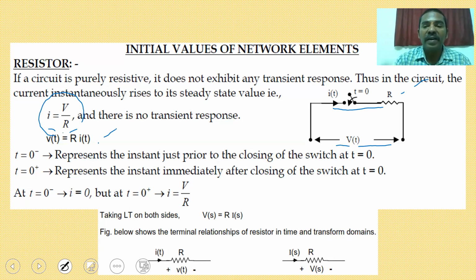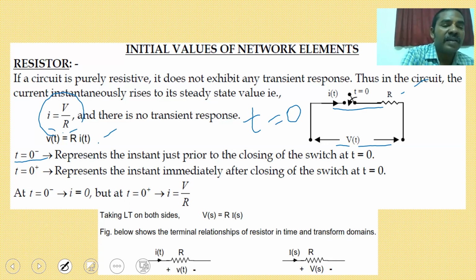Okay. So here you are going for the transient behavior of the circuit, so t is equal to 0 must be taken with two instants. One is the t is equal to 0 minus condition, just before the switch is closed, which indicates the circuit is still open circuit only.